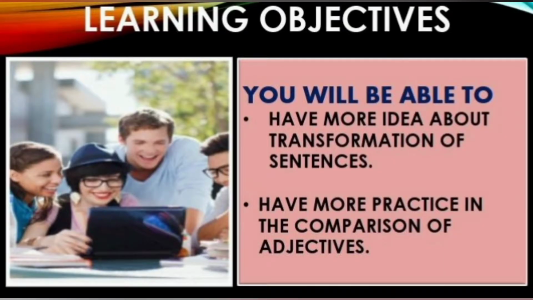The learning objectives are: you will be able to have more idea about transformation of sentences, and the second learning objective is that you'll also be able to have more practice in the comparison of adjectives. While talking about the comparison of adjectives, we know that there are 3 degrees of comparison: positive degree, comparative degree, and superlative degree.